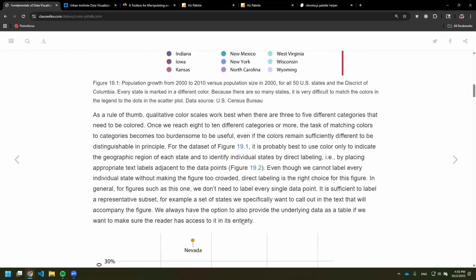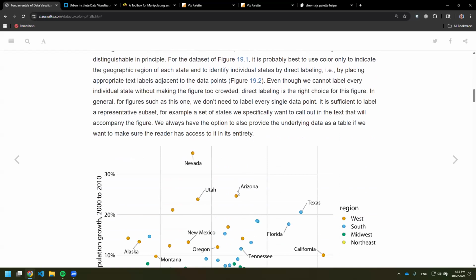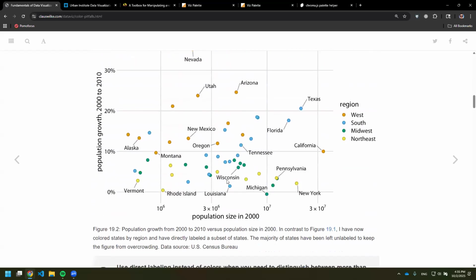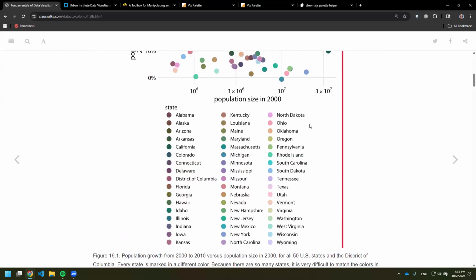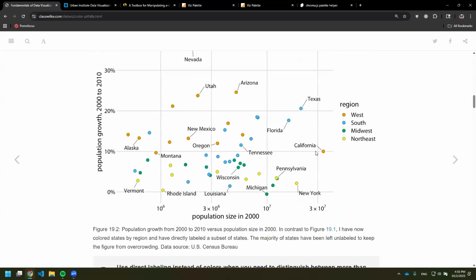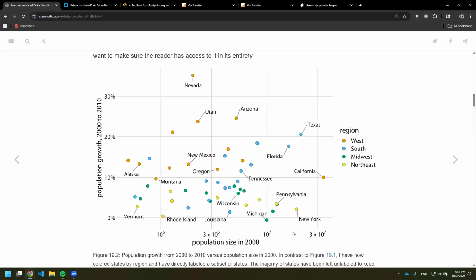And one solution the author picks is to use fewer colors, and I guess implicitly encode data in a different way. So in this previous plot, I think the data points are exactly the same, or almost exactly the same. Population, and then population by population growth.